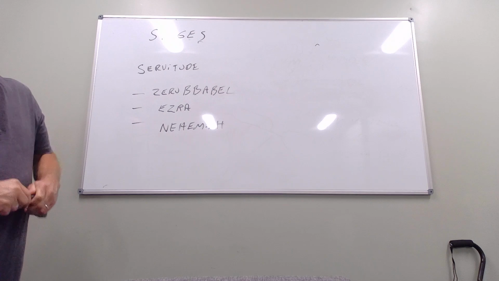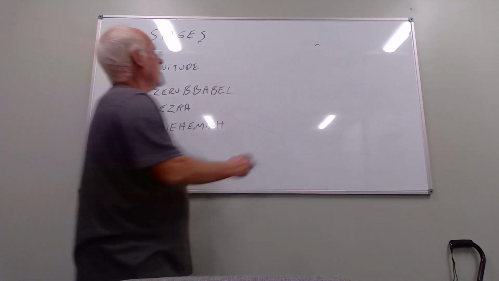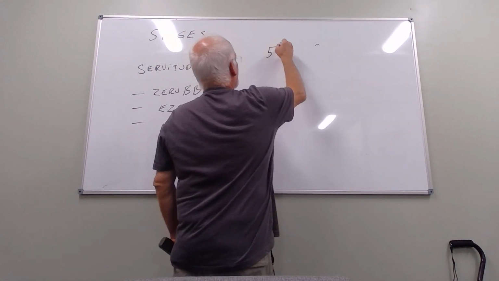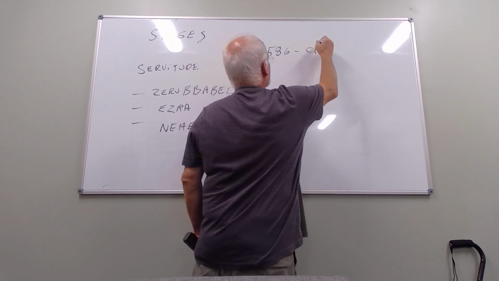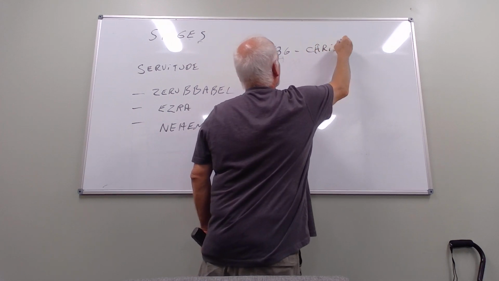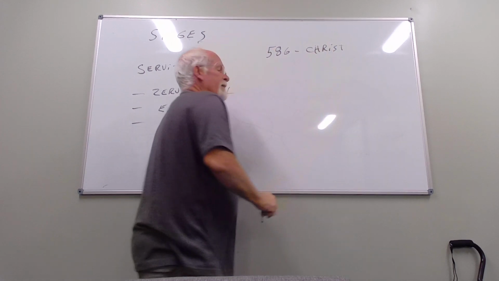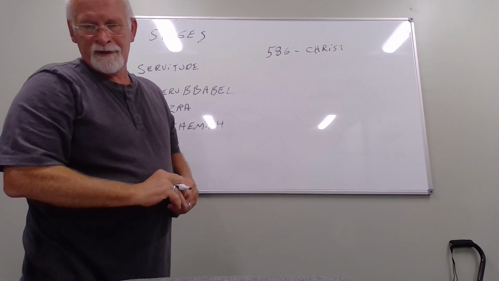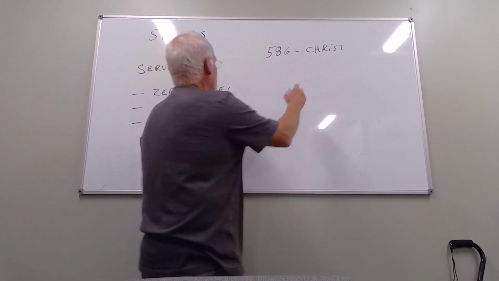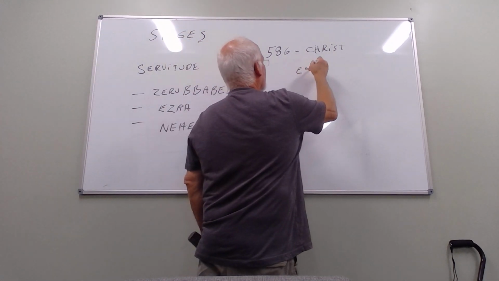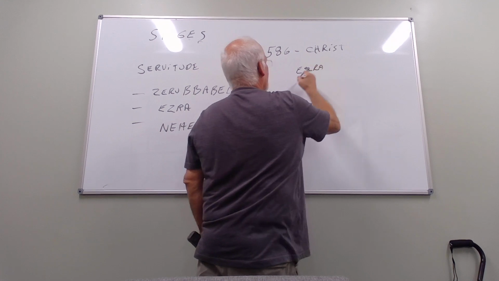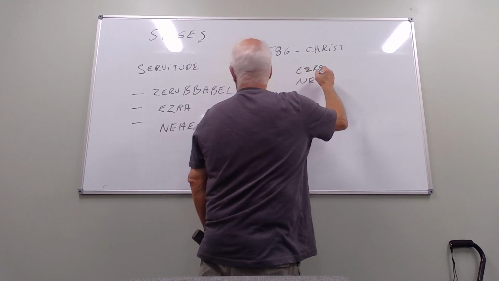Nehemiah. And the time frame for this is about 586 to Christ. And then Ezra, Nehemiah, and Esther are the 3 books.